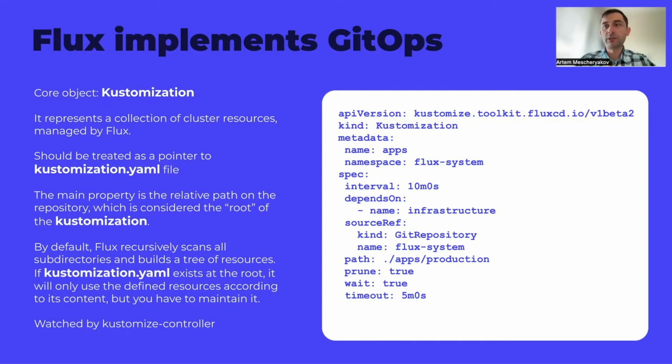Just a comment here: if it doesn't exist, Flux will scan recursively through all the directories and all the manifests it finds and apply everything it can find. But if kustomization.yaml is defined, you get the ability to define explicitly what should be deployed inside this particular group.